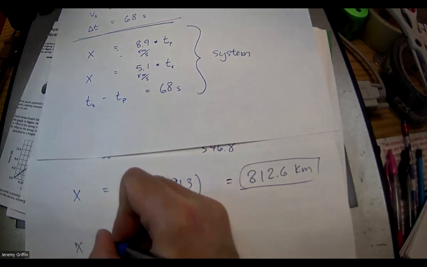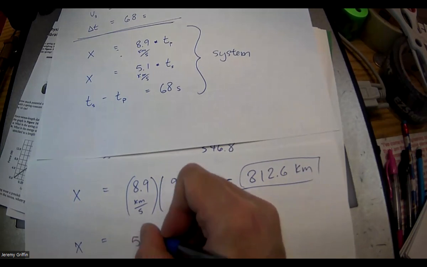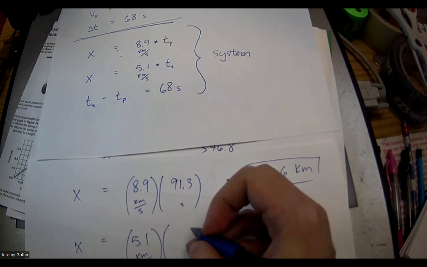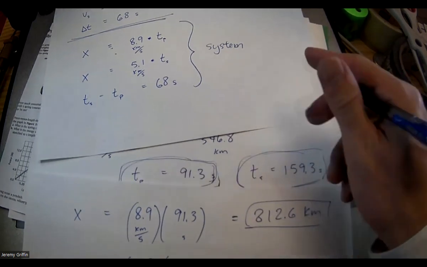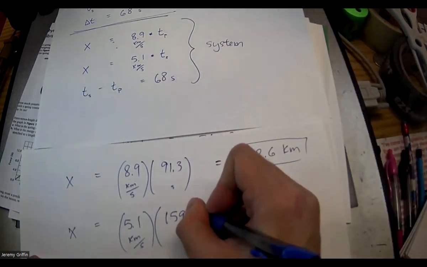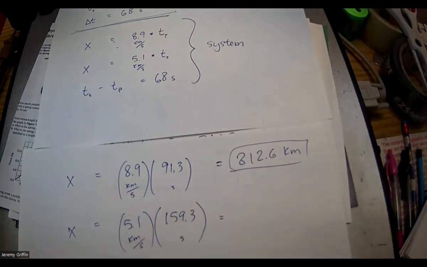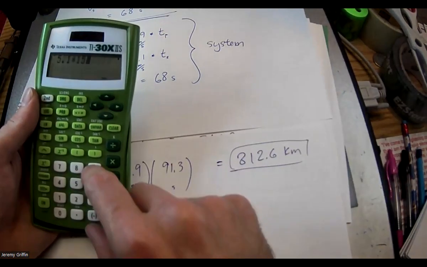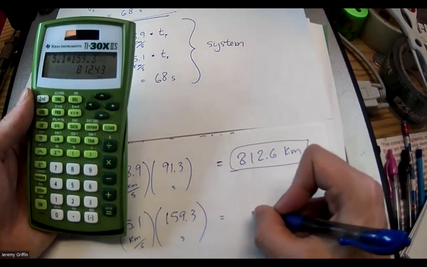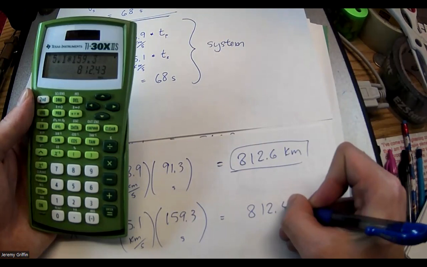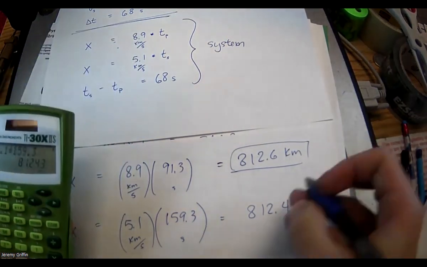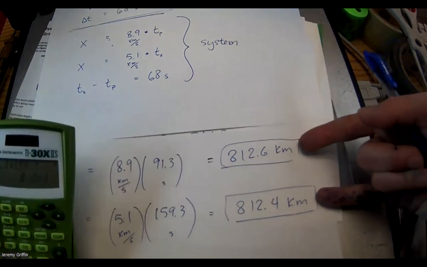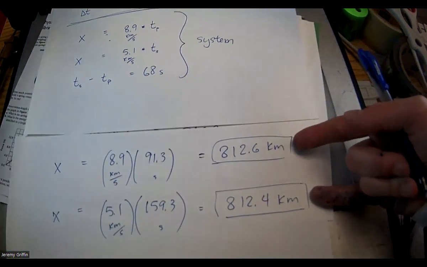Or the other way to do it is 5.1 kilometers per second times 159.3 seconds. 5.1 times 159.3 is 812.4 kilometers. So rounding a little bit along the way, you guys see those are basically matched, right? There you go. That's how far away the epicenter is.